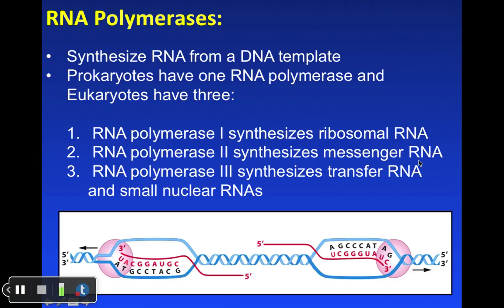RNA polymerase 2 produces messenger RNA. And RNA polymerase 3 synthesizes transfer RNA, as well as small nuclear RNAs. We'll come back to those later. Recall that tRNAs are the molecules involved in bringing amino acids into ribosomes during translation. Today we're going to focus primarily on RNA polymerase 2, because this is the one that synthesizes messenger RNA.